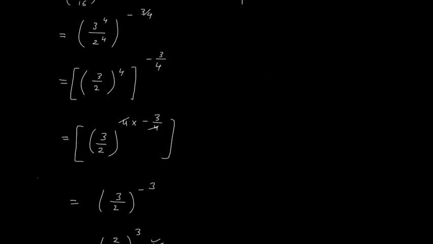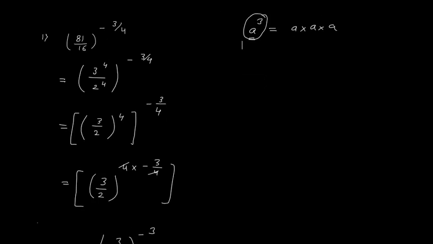Now there are a few properties. If it is a power x, and then we have the whole power y, this means it is a^(x·y). Here (a^x)^y will become a^(xy).